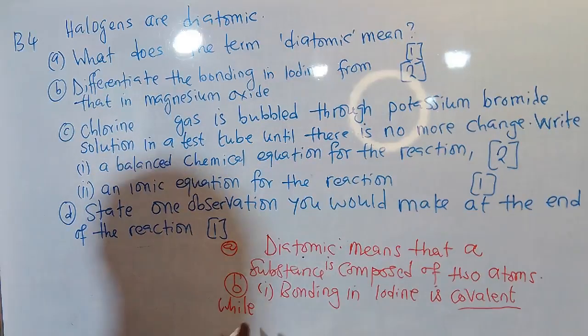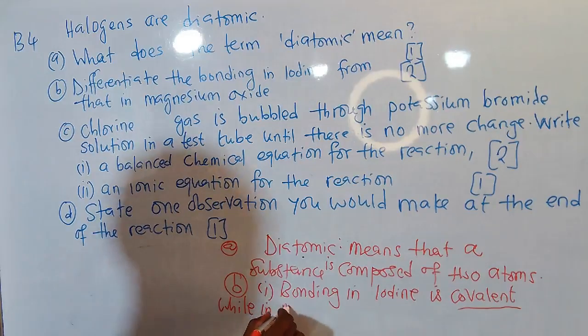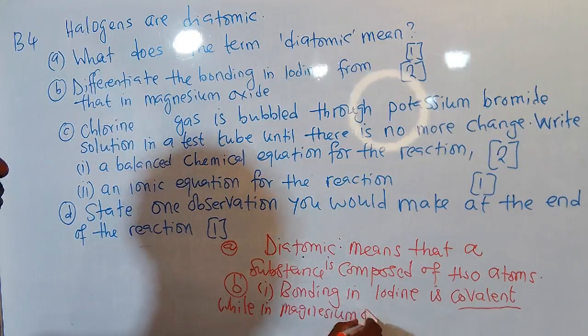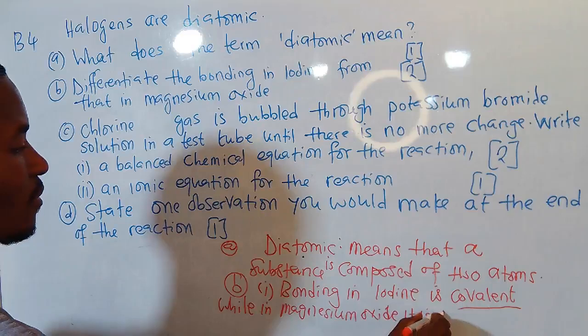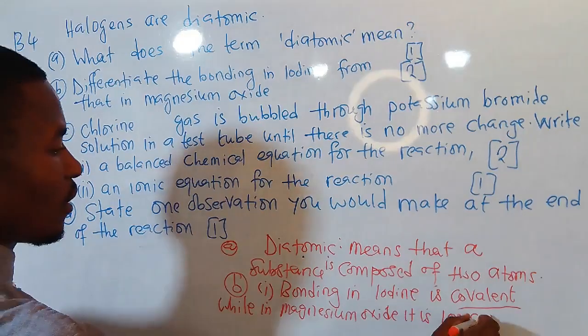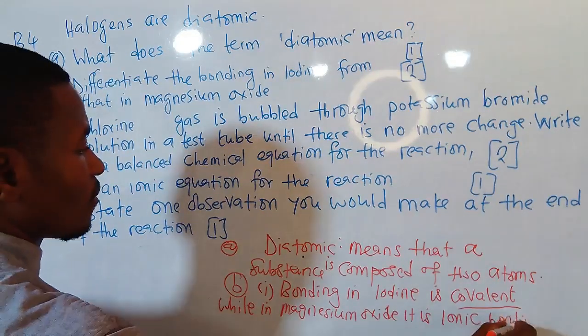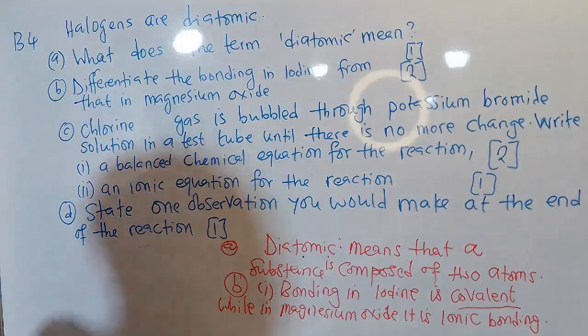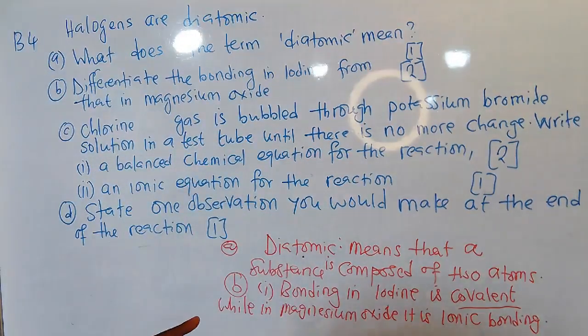Now, while in magnesium oxide, it is ionic bonding. So the bonding in iodine is covalent, while in magnesium oxide it is ionic bonding.